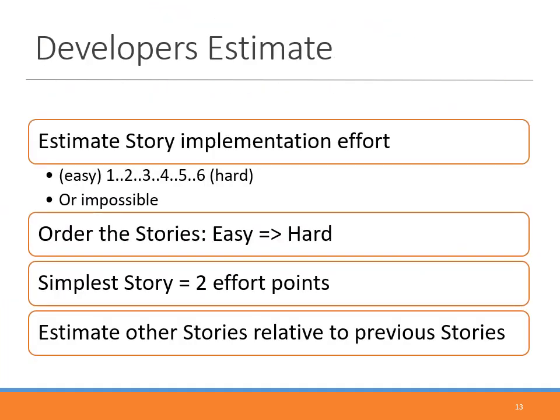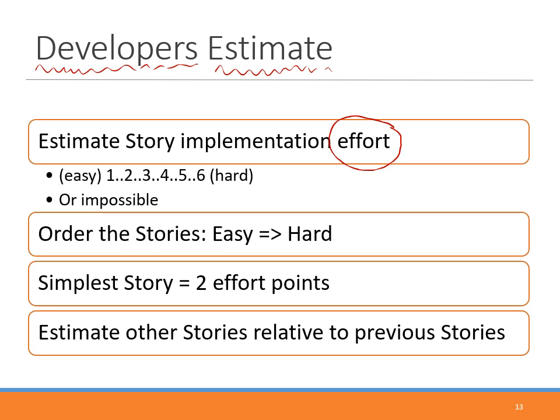Previously, it was about the user story that the customer will write, right? Then the role of developers, of course, we do the estimation. We must estimate the effort of the user story. How much effort we need to put in order to implement the story.